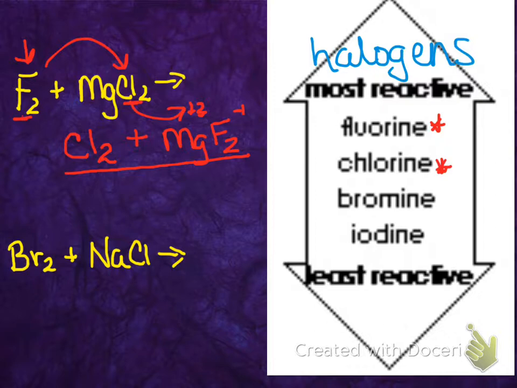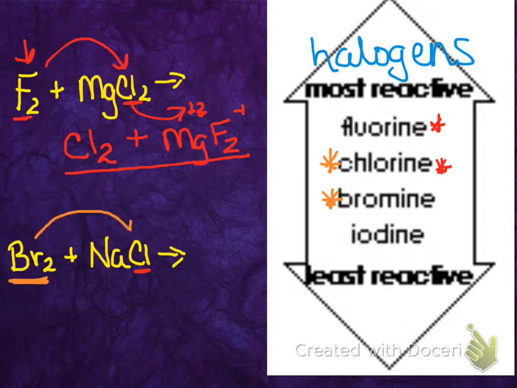Let's do another example with a halogen. In this case, we've got bromine plus sodium chloride. So the two halogens we're looking at are bromine and chlorine. We want to ask ourselves, is bromine more reactive than chlorine? The answer is no, because chlorine is higher up.